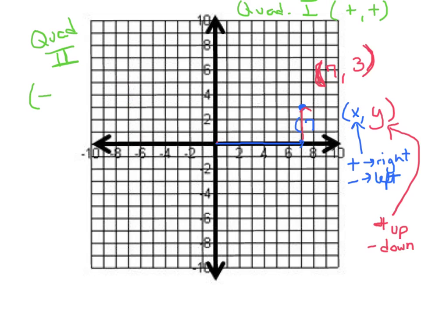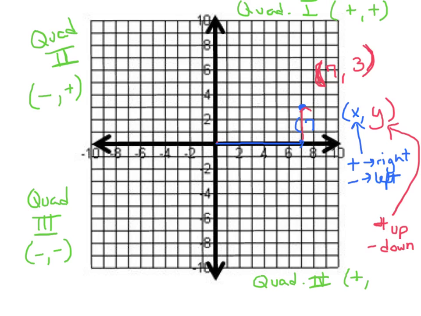So I'd move to the left and then up, so it's negative and then positive. If I'm in the third quadrant, I would need to go to the left and down. So for quadrant 3, both x and y are negative. And for quadrant 4, I have the remaining possibility of a positive x value and a negative y value, meaning I go to the right and then down. So right is positive, down is negative.